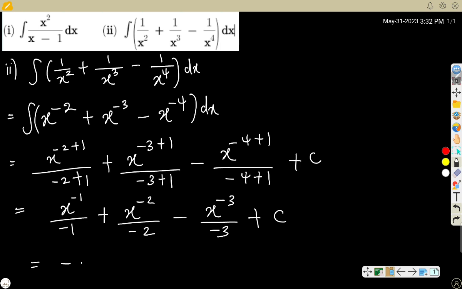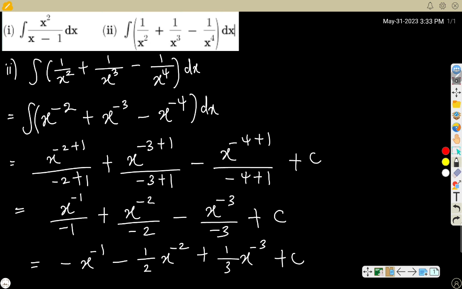So minus times minus is plus, s raised to power minus 2, and minus times minus is plus, s raised to power minus 3, plus c.